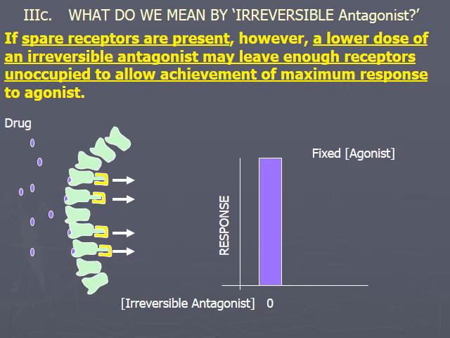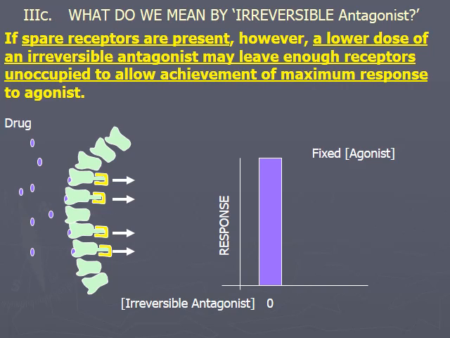But here I'm at a concentration that's below the Bmax. How do I know that? I don't know how many receptors there are, but are they all bound here? No. Whatever this concentration is, it's not a concentration that binds all my receptors. Would you agree? Yet it's a concentration that's giving me a maximum response. So when you see a maximum response without maximum binding, that's suggestive of spare receptors.